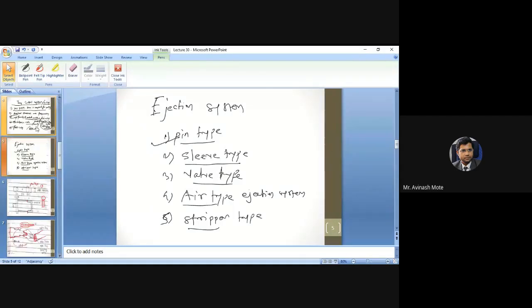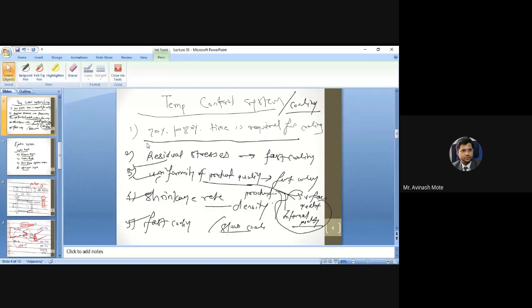Getting it? Okay, and the purpose of the cooling system is to avoid residual stresses, maintain uniformity of product quality, proper shrinkage rate, and to maintain the production rate, either by fast cooling, or if the production rate requires less, you can go for a slow cooling rate also, right?